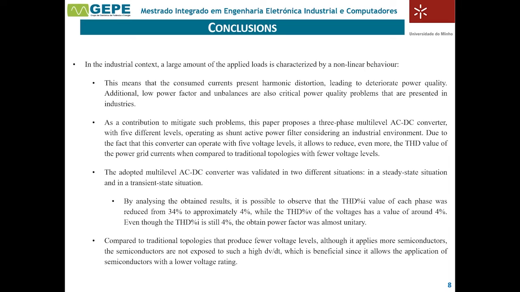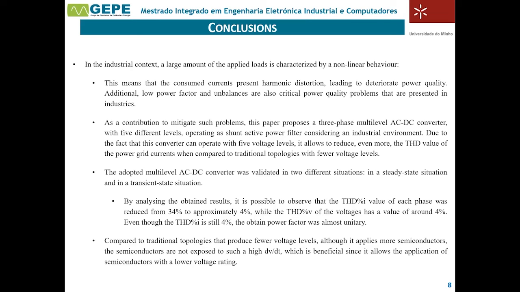As a contribution to mitigate these problems, this paper proposes a multi-level AC-DC converter with 5 different levels operating as a shunt active power filter, considering the industrial environment. Due to the fact that this converter can operate with 5 voltage levels, it can reduce even more the THD values of the power grid when compared to other traditional topologies with fewer levels.